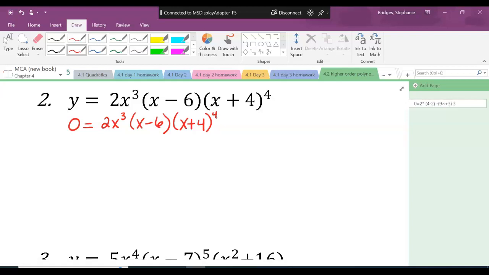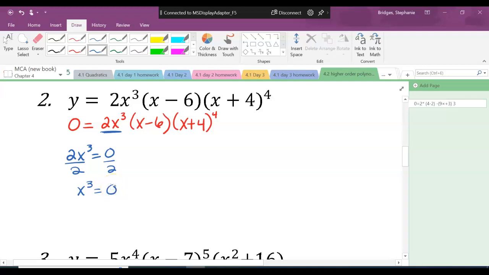All right, so let's start at the beginning, taking each one of these to see if we can go any further. Does 2x to the third break down any further? No, but what it does mean is whatever I get for that, how many times is that answer going to occur? 3 times, okay? So we're going to set 2x to the third equal to 0. We're going to divide both sides by 2. 0 divided by anything is 0.